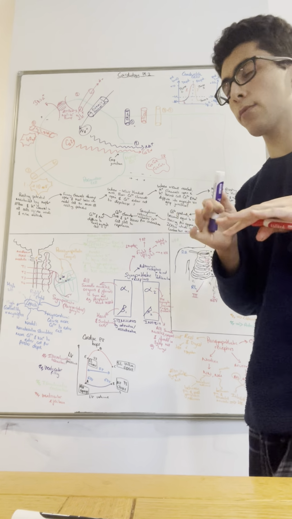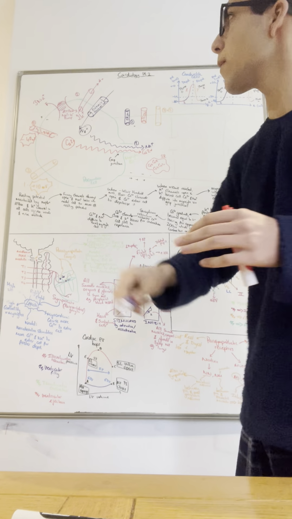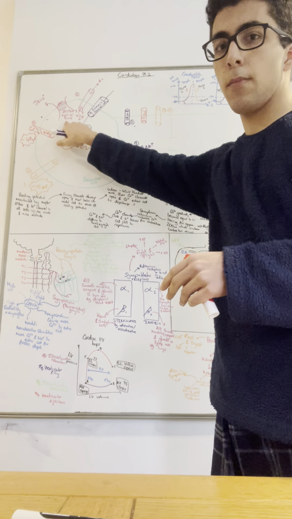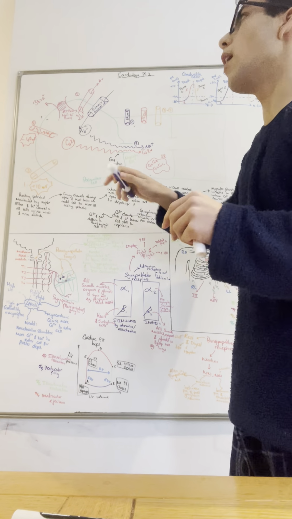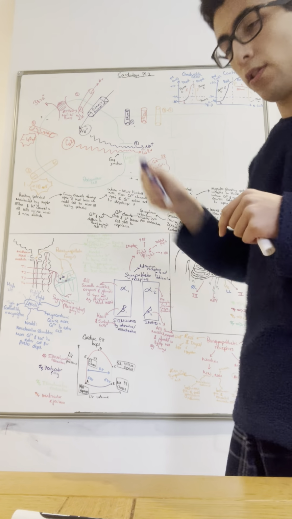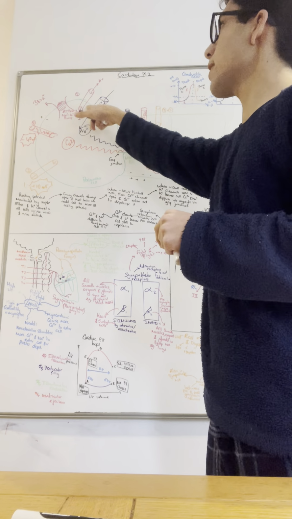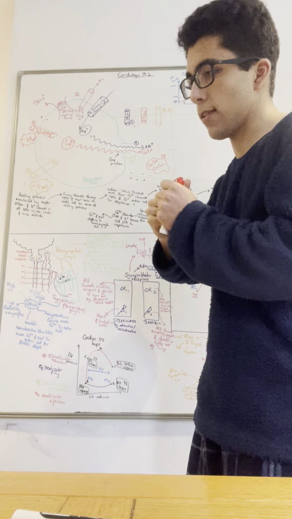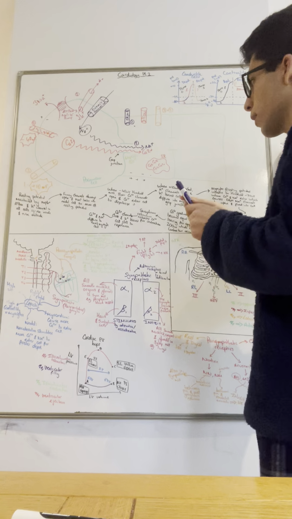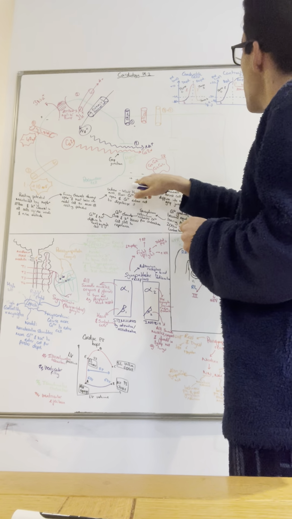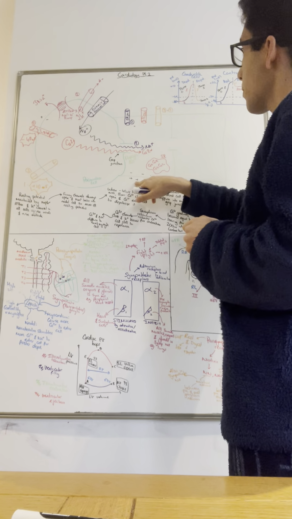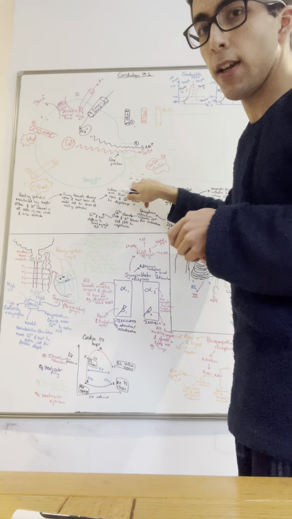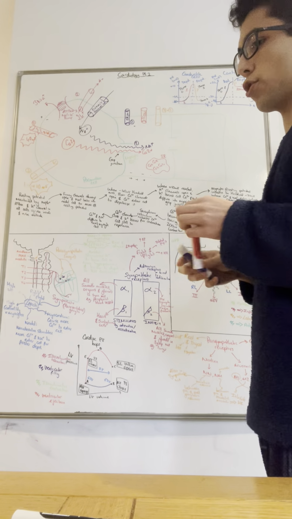So remember how we talked about our resting state? How is that achieved? We've got our sodium potassium ATPase pumps, pumping 3 sodium out, 2 potassium in. We've also got our potassium pumps, pumping potassium out. So that's how we get an overall positive charge on the outside, overall negative charge on the inside.